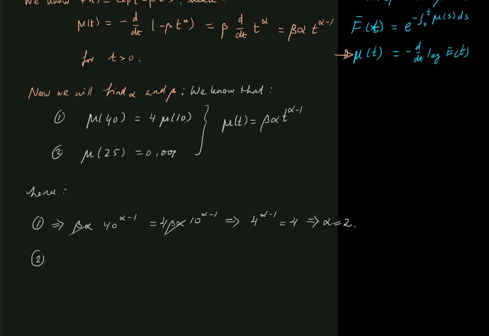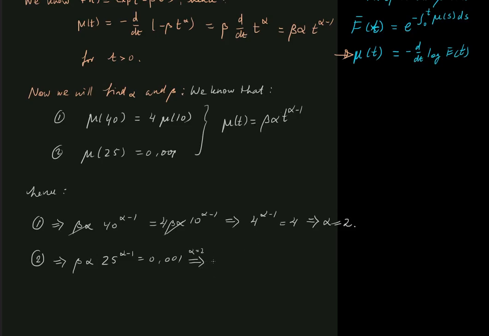Now I look at 2, which implies that beta times alpha times t to the alpha minus 1, where t is equal to 25. So beta times alpha times 25 to the alpha minus 1 is equal to 0.001. Now, what does this give me? Well, I know that alpha is equal to 2, right? So I can at least plug that in.